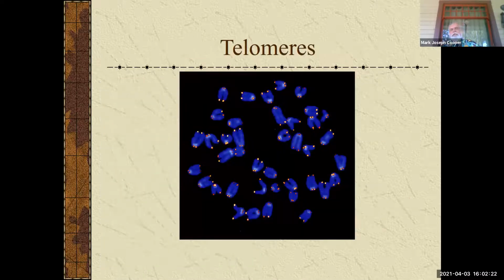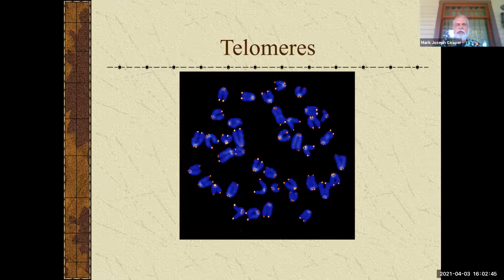So what happens is chromosomes have what are called telomeres. These are repetitive sequences on the very ends of the chromosomes that are obviously not necessary for coding. So they've got this built-in extra part.